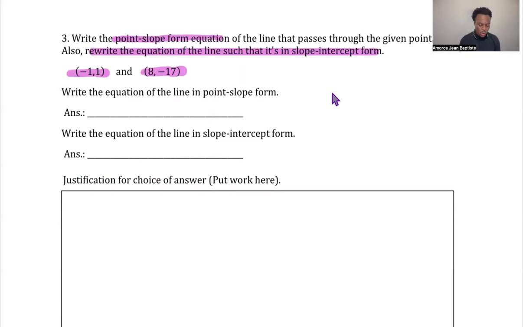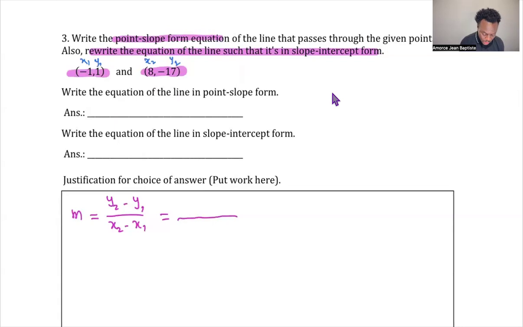Since we have the 2 points, we can use the slope formula m equals y2 minus y1 over x2 minus x1, where I call this one x1, y1 and that x2, y2.